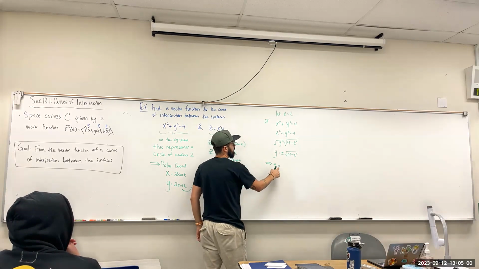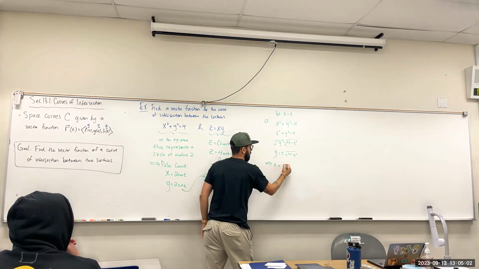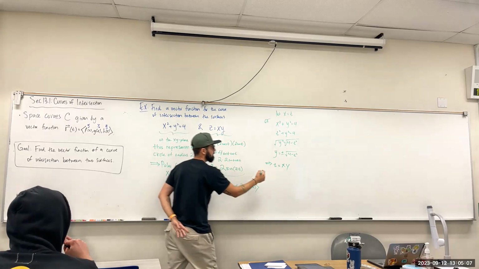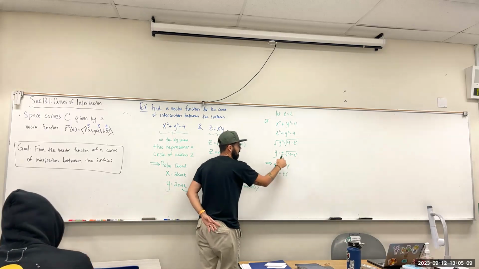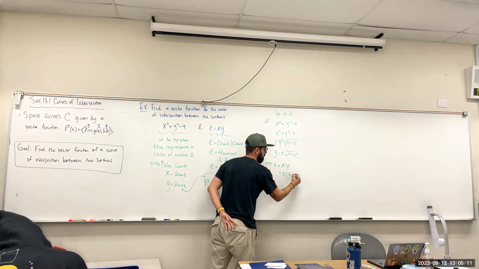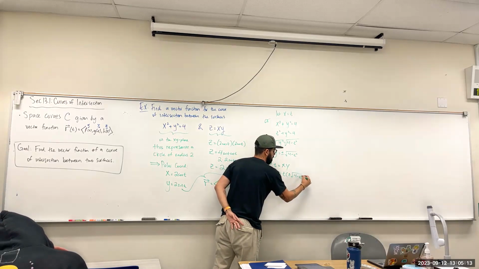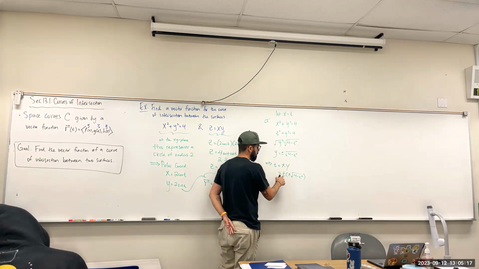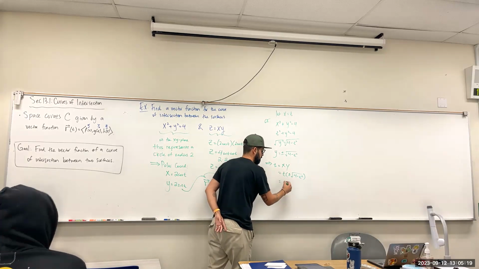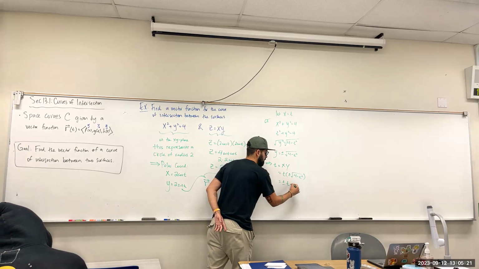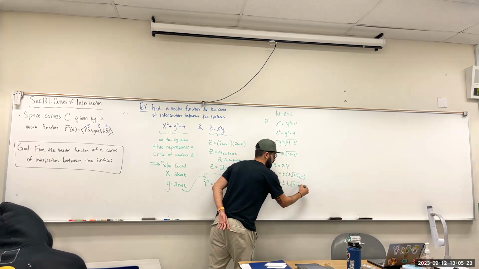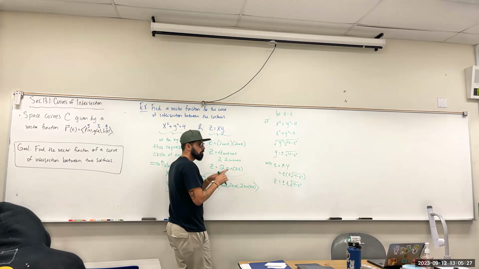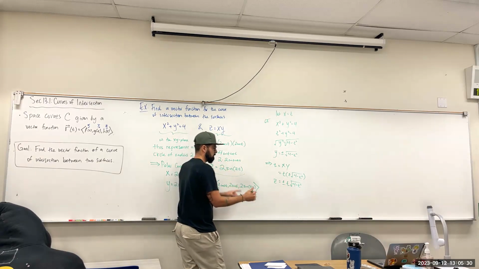So let's see, if I plugged in, we got x times y. X here we're calling t, and y you're going to get plus or minus the square root of 4 minus t squared. So can t be positive? Can t be negative? T could be negative. Yep. So then you end up with plus or minus t times the square root of 4 minus t squared for z. So you technically end up with two vector functions.